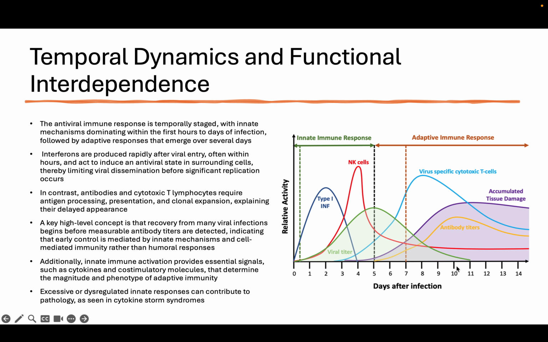Think about antibody titers in a specific sense: antibodies are there to protect you. They're there to stop viruses from going from cell to cell. Antibodies, as we know, do not go inside a cell. Viruses are inside the cell, so antibodies are useless when it comes to killing virally infected cells. That is the job of the cytotoxic T cells.